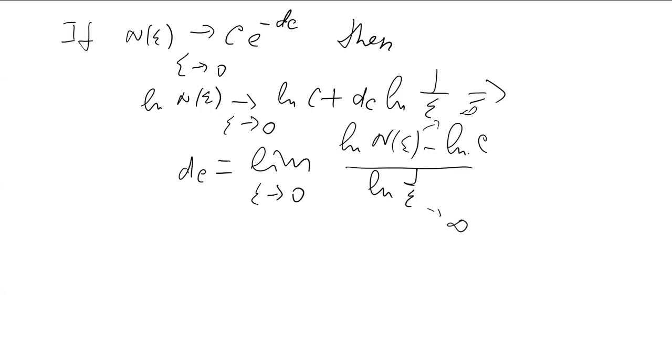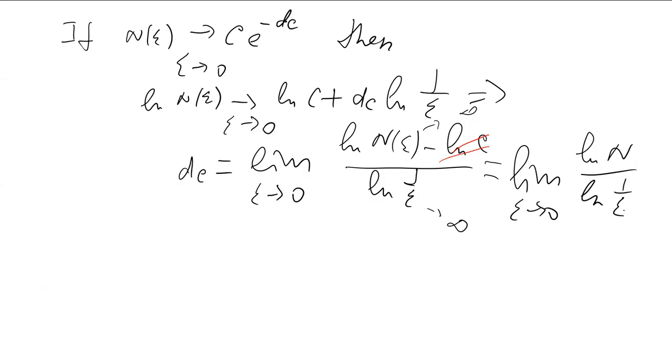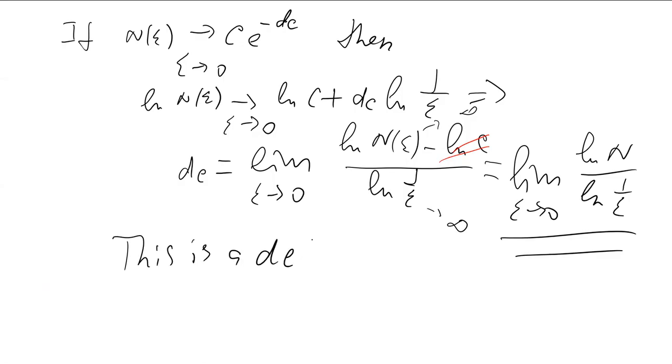So at the end, this will be the limit as epsilon tends to 0 of the logarithm of n over the logarithm of 1 over epsilon. This is the definition of box counting dimension.